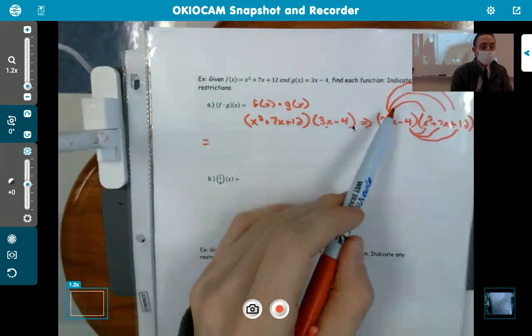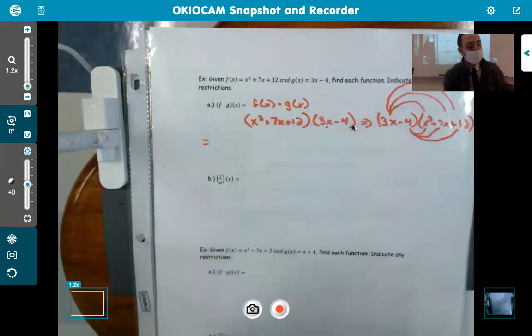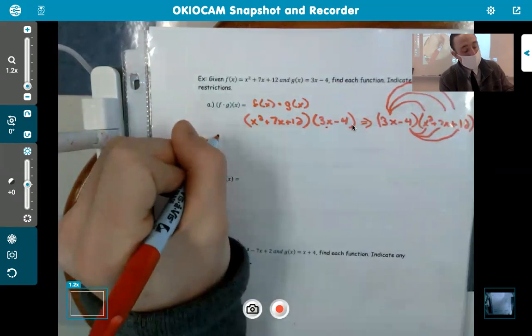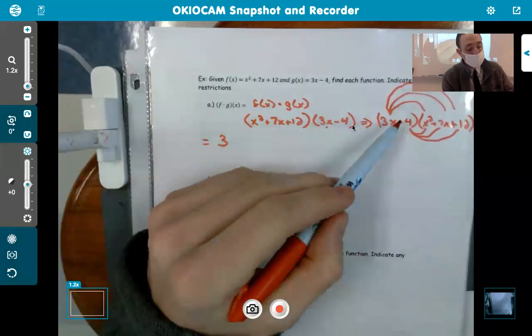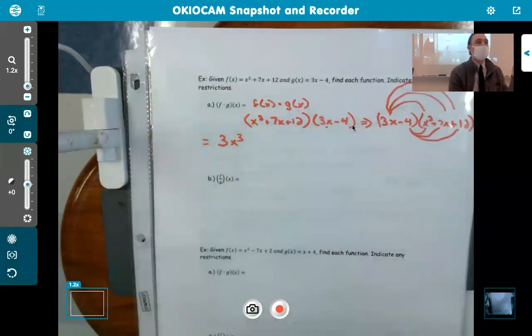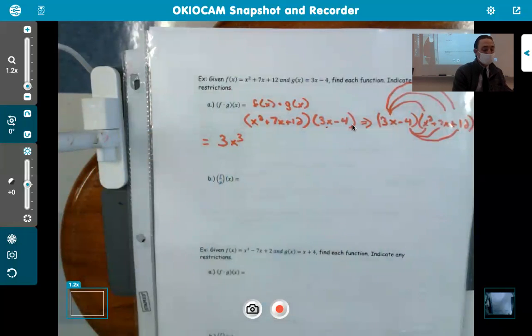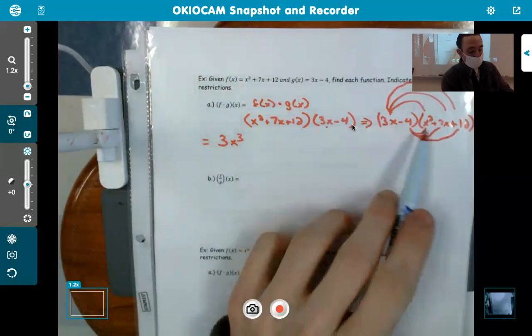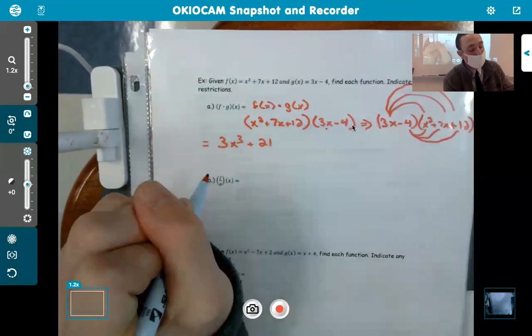What I'm going to do now is that distribution process. So if I take 3x times x squared, well, I multiply coefficients normally. That's just 3 times 1, which is 3. When I multiply the variable terms, x times x squared, remember that I'm adding exponents when I multiply the same bases together, right? So that's how you get the 3x cubed. 3x times 7x, again, coefficients normally, 3 times 7 gives me 21.